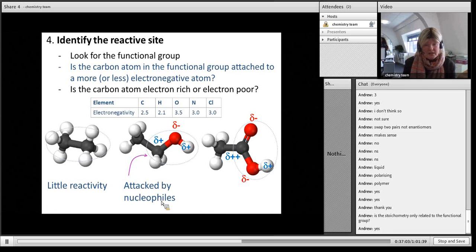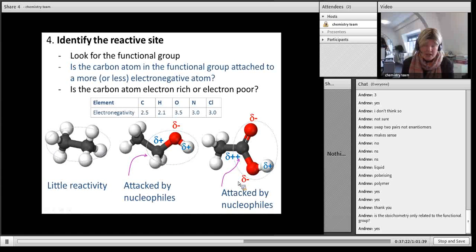NH3, ammonia, is a nucleophile because ammonia's got a lone pair, it doesn't mind sharing. So anything that's electron rich or has a lone pair that it doesn't mind sharing will react with something that's electron poor, as in this carbon over here. And the same thing with the carboxylic acid: the carbon is attacked by a nucleophile.